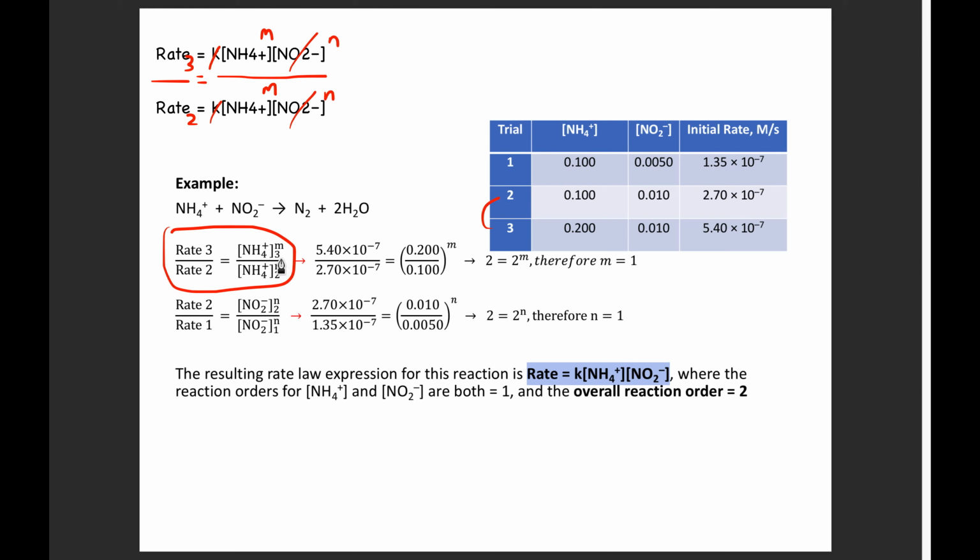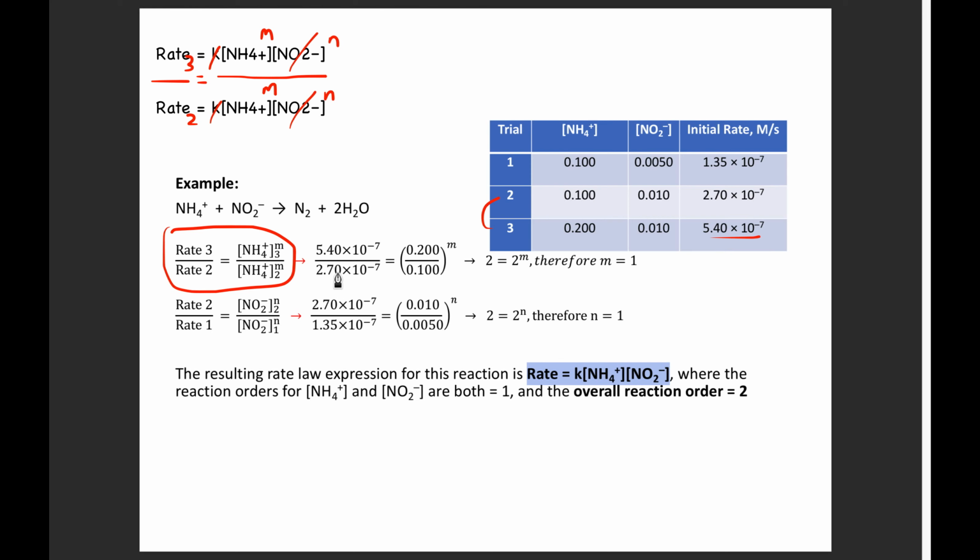Now the 2 and the 3 over here, that just says we're looking at trial 3. And that 2 down here is saying we're looking at trial 2. That's the number for trial 2. That's all the 2 and the 3 mean, okay? Just to match up with what we have over here. Okay, so now that we have that, all we have to do is plug in numbers. What's the rate for 3? Well, it's right here. There's your rate for 3. Plug it in.